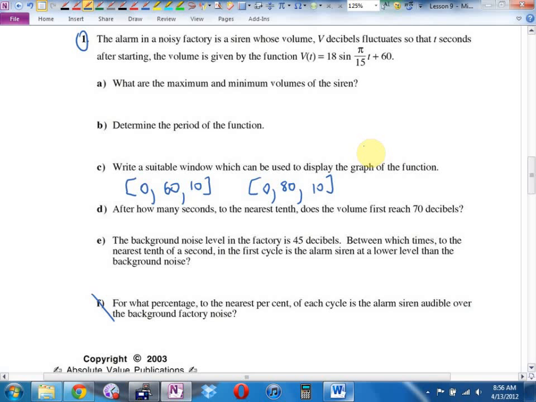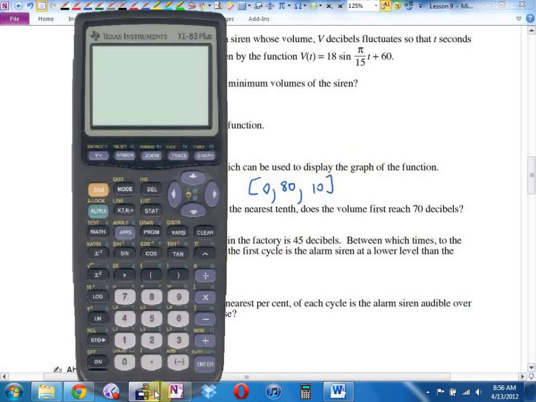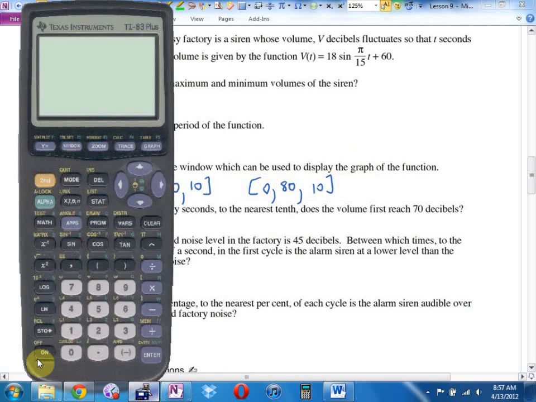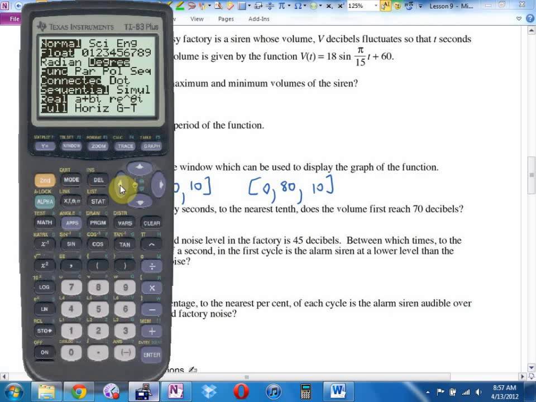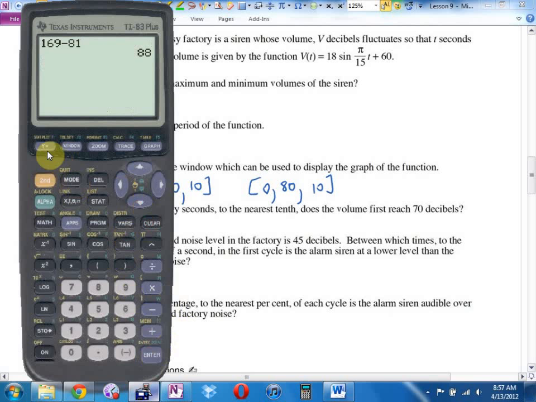Okay, so now I got to type all this in. First thing, I got to make sure I'm in radians, because I bet you I'm in degrees, because every time I boot this thing up. Clear. And I'm going to go 18 sine pi times x divided by 15, because I got to use an x instead of a t, Caitlin.